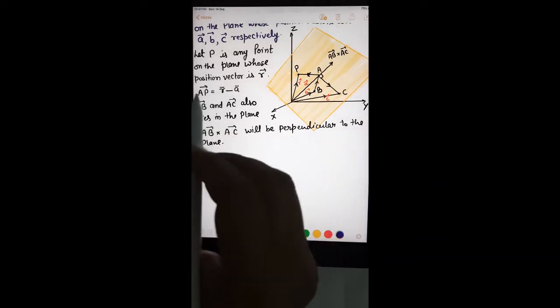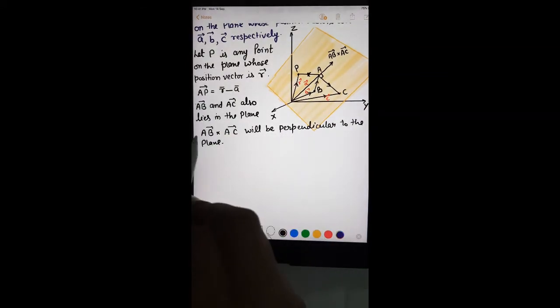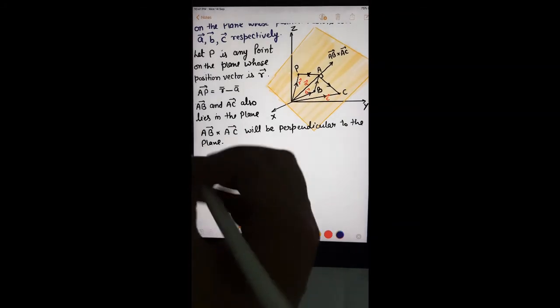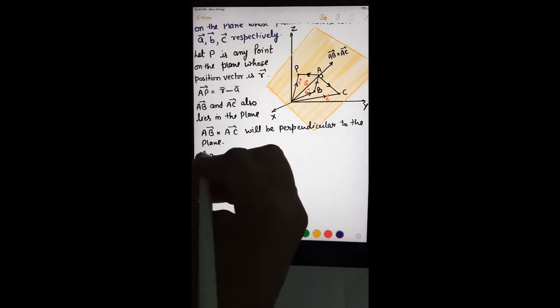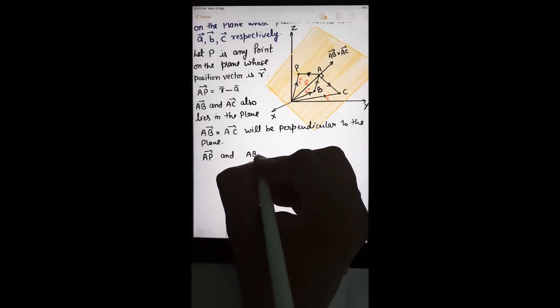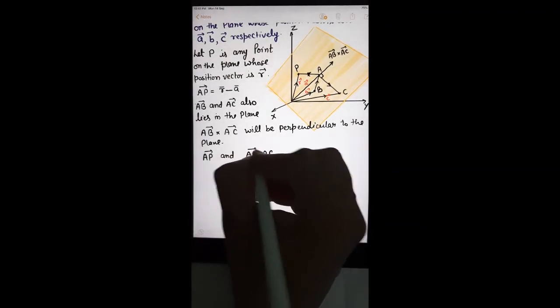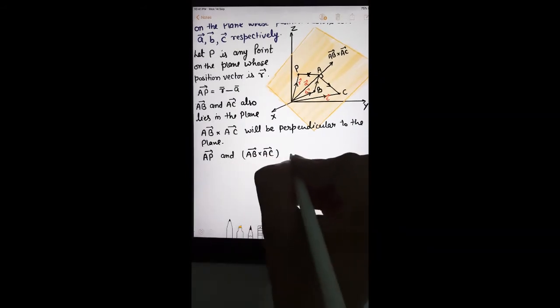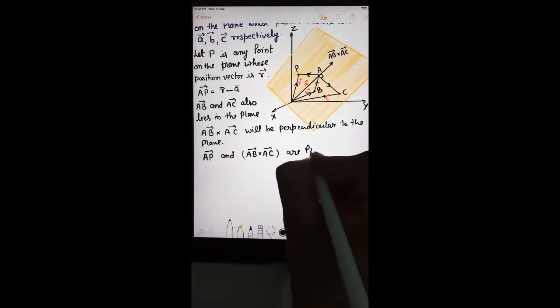So the vector AP and the vector AB cross AC are perpendicular to each other.